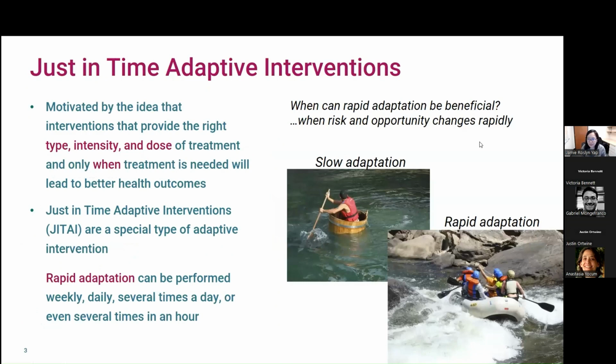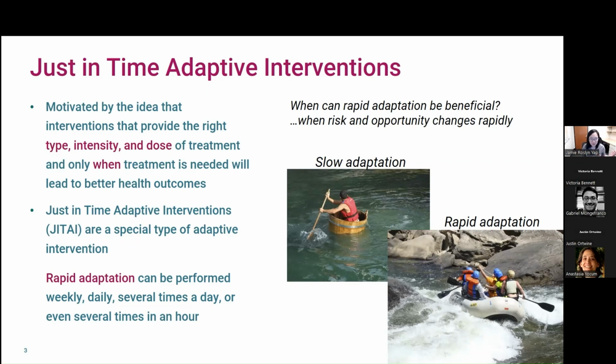Okay, so let's get started. What are just-in-time adaptive interventions? Well, they are a special type of intervention, and interventions come in many different shapes and sizes. And adaptive interventions are motivated by the idea that interventions that provide the right type, intensity, and dose of treatment, and only when treatment is needed, will lead to better health outcomes.